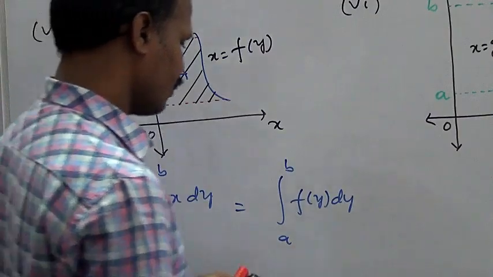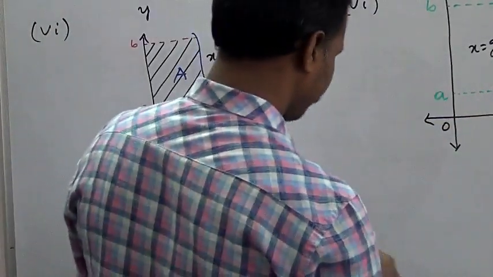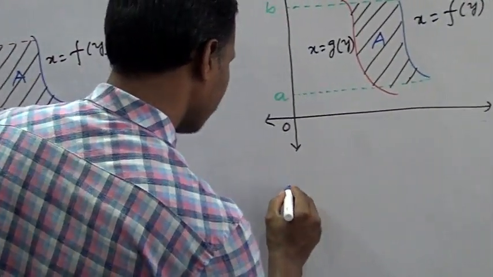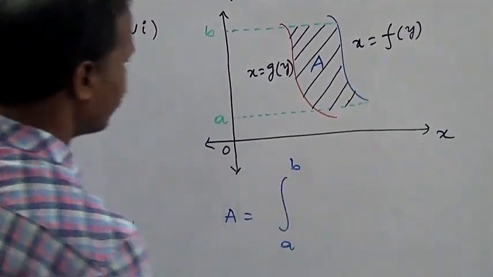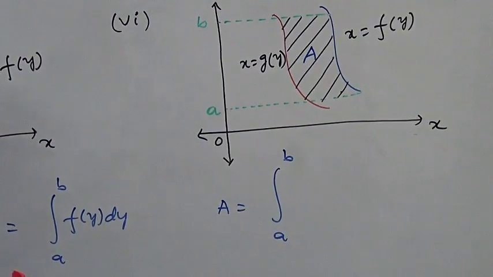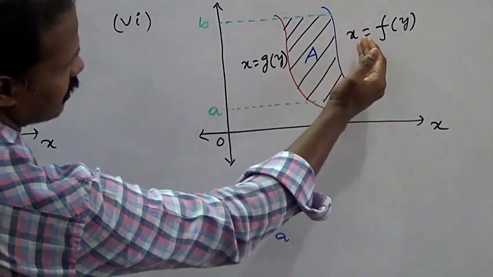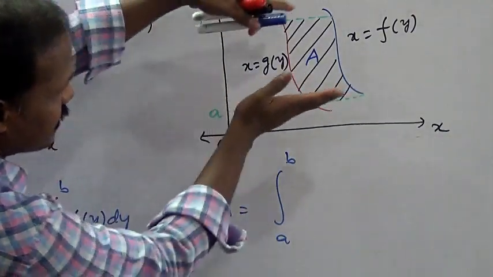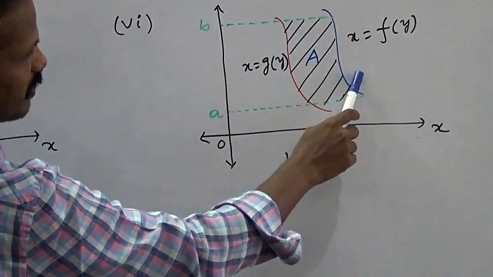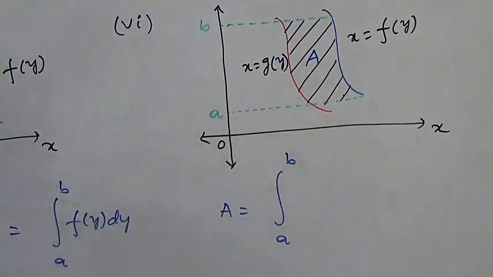Fine. Now coming to here, what is the area? Area equals the integral from A to B. Here, which is the upper curve? See, f of y is the upper curve and g of y is the lower one.